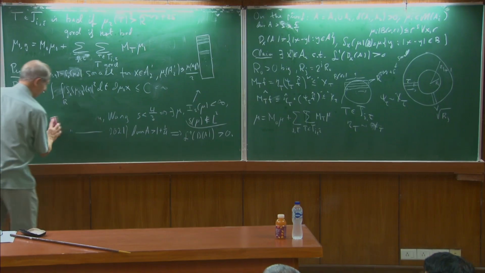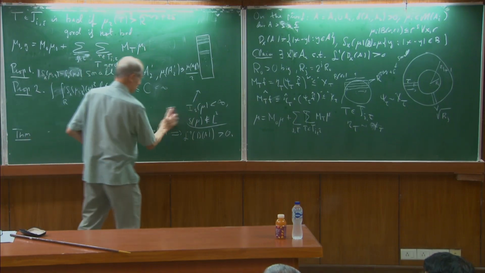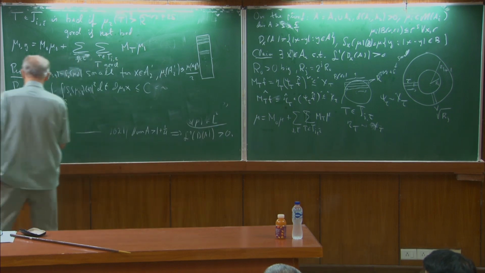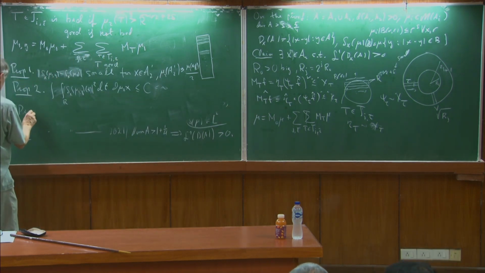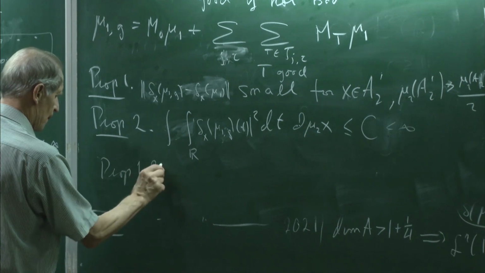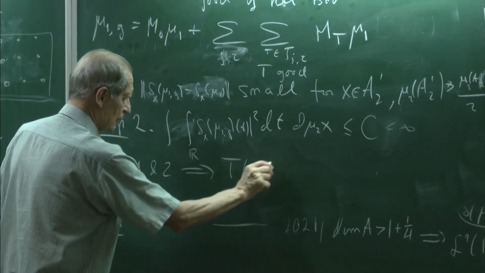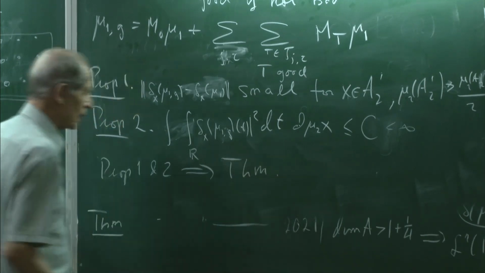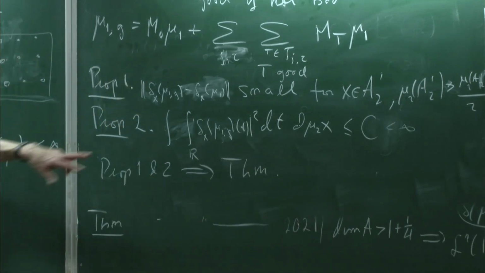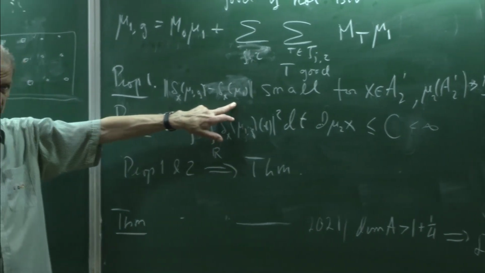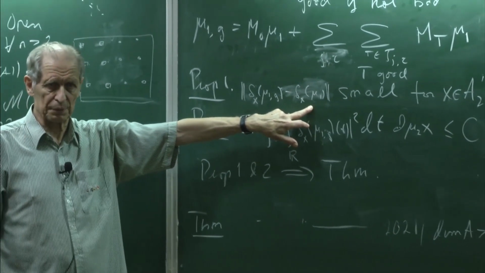I don't write it because it still takes a little time, but it's easy to see that these things imply the theorem. Because this tells you when this is sufficiently small, this delta x mu1 is living on this pin distance set.